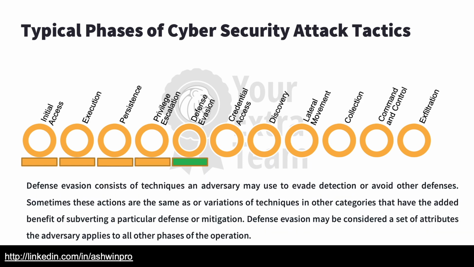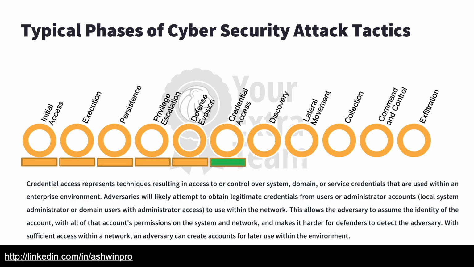Once I have the right credentials, the next thing I don't want is to be detected by your defense systems, so I would do all the actions possible to evade detection.